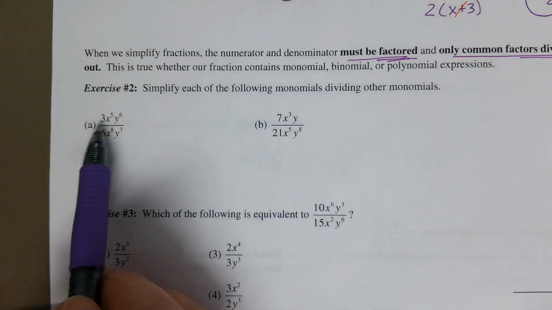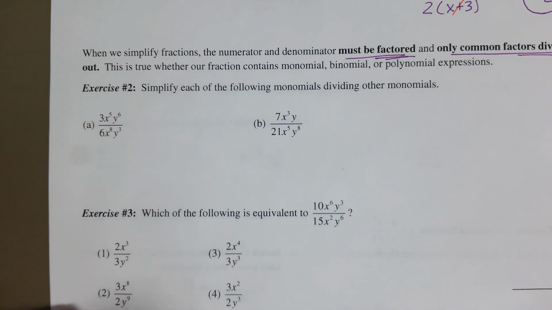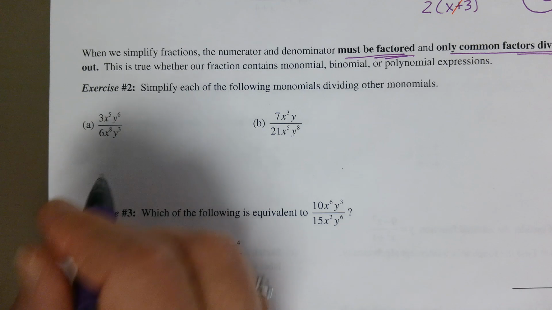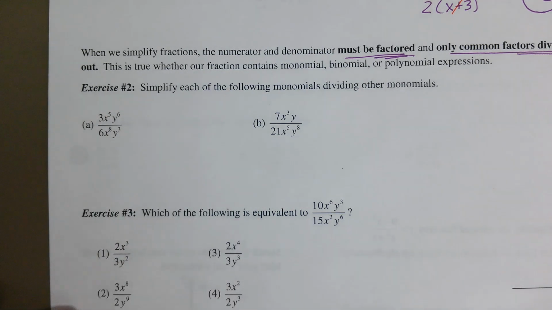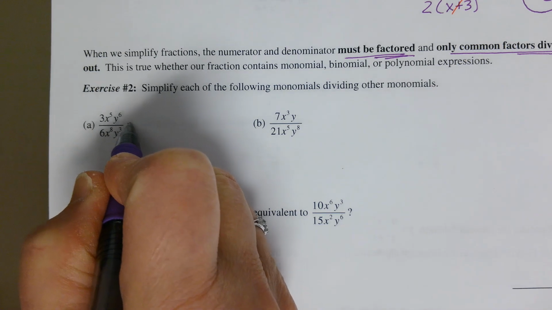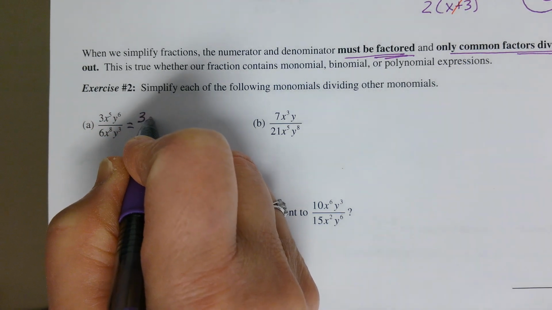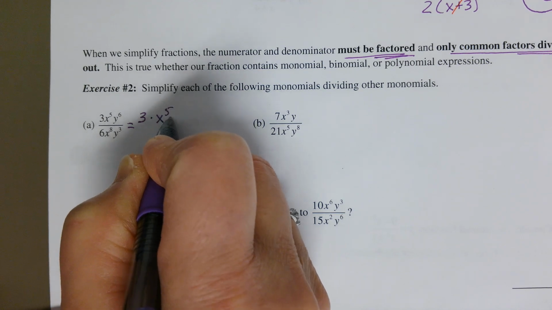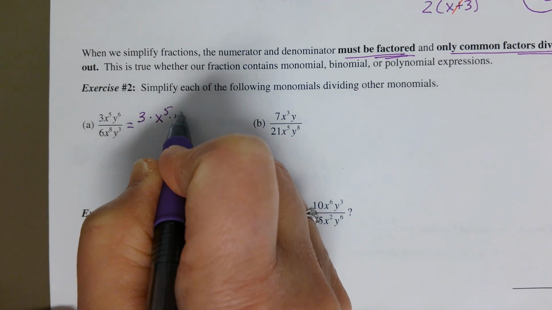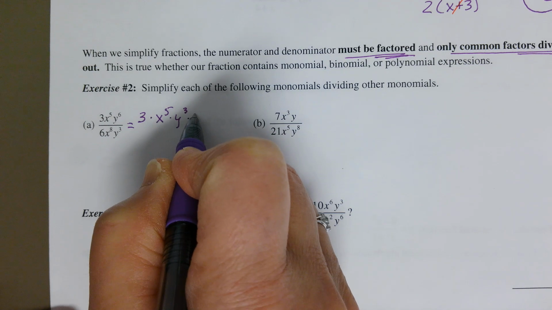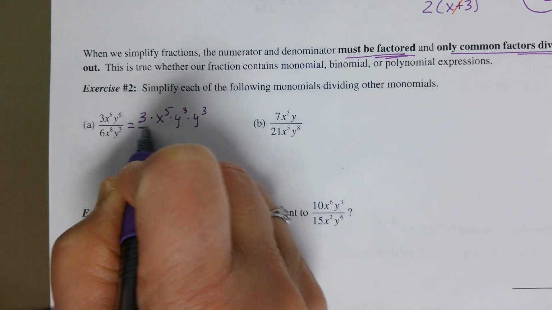All right, so here we have some monomial expressions. Again, there's more than one way to go about this. I could look at the numerator and say, okay, so we have a 3 times x to the 5th times y to the 3rd times y to the 3rd.